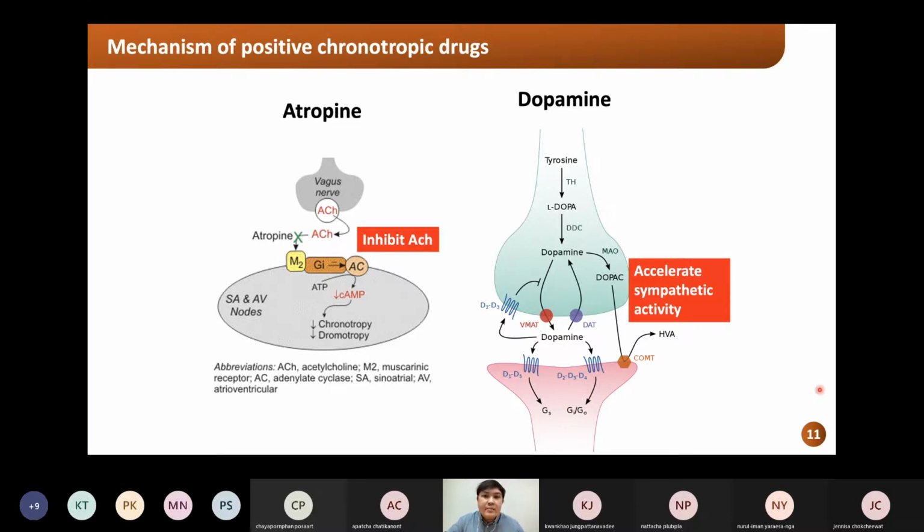Dopamine is directly related to the sympathetic nerves, so in case we provide a lot of dopamine, of course it will increase the sympathetic actions. So when we give dopamine to the patient, it will increase sympathetic nerve dominance and increase heart rate or heart rhythm eventually.